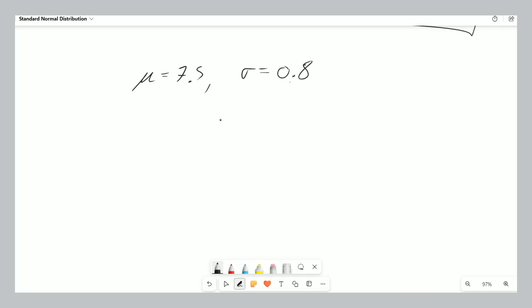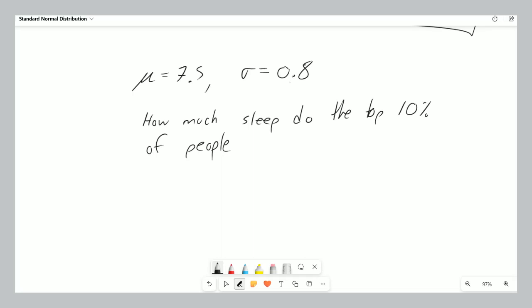So let's say we want to know how much sleep do the top 10% of people get in terms of hours?